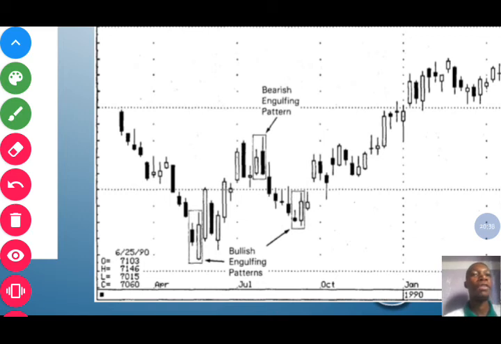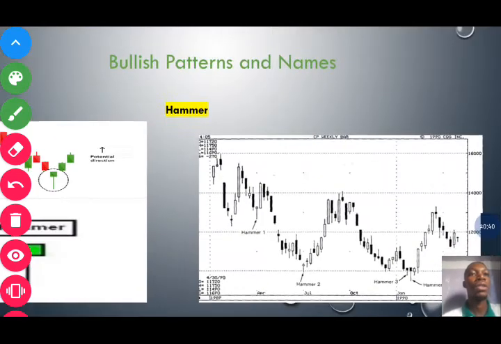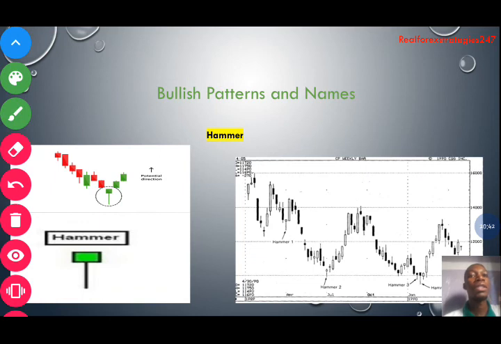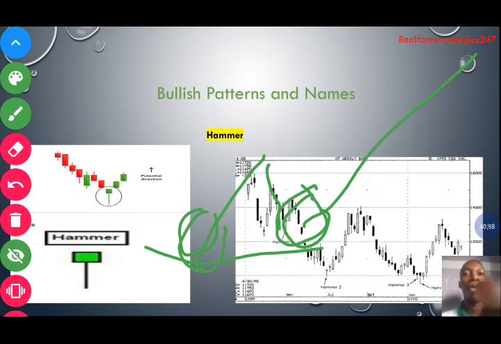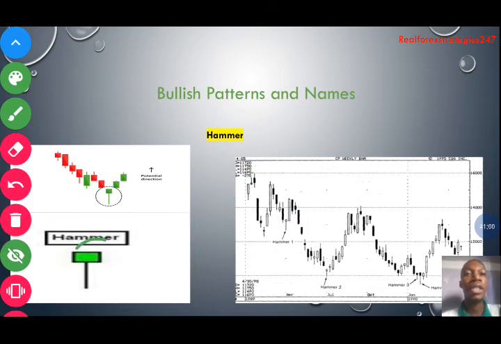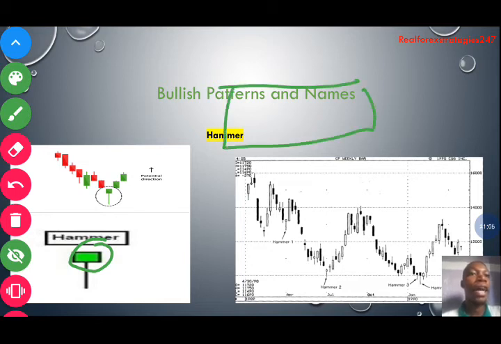I believe you guys already saw the next slide. So this is another type of bullish pattern. This is not a bullish engulfing pattern. This is a hammer. It is different from a bullish engulfing pattern. You can see on the screen how it looks like a hammer. It has a very small body, and it has something like a handle.